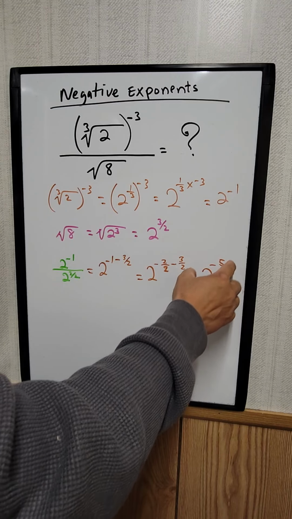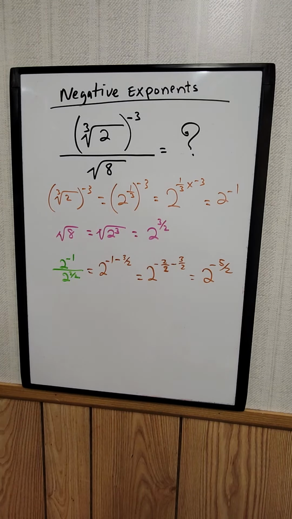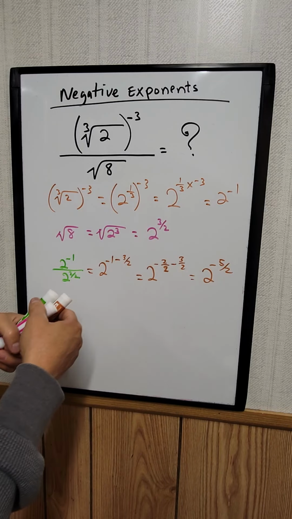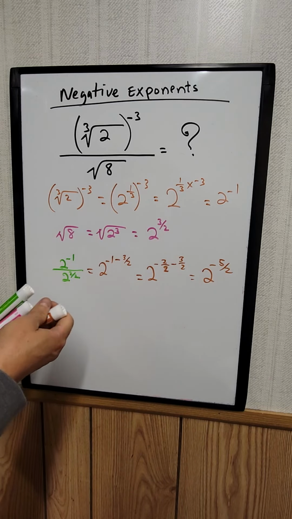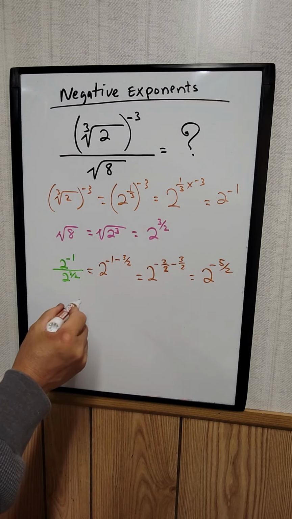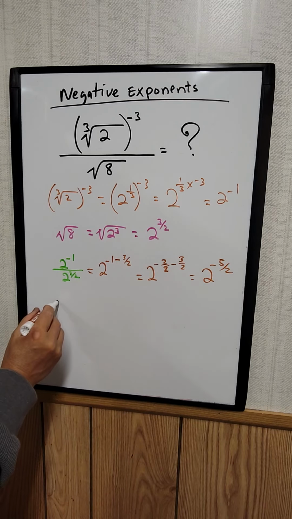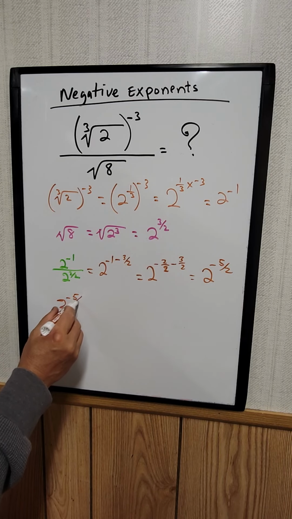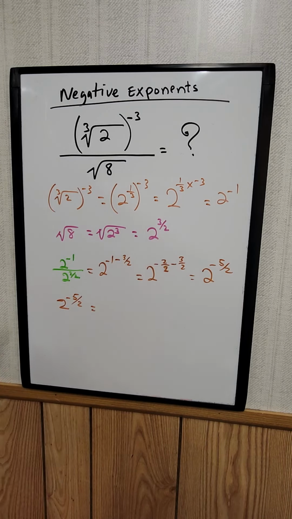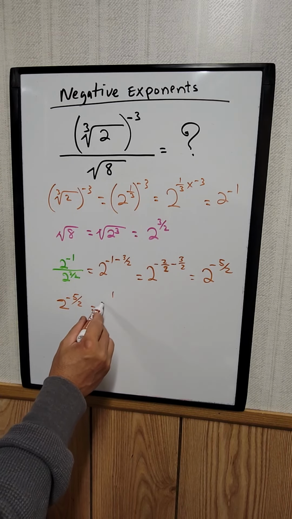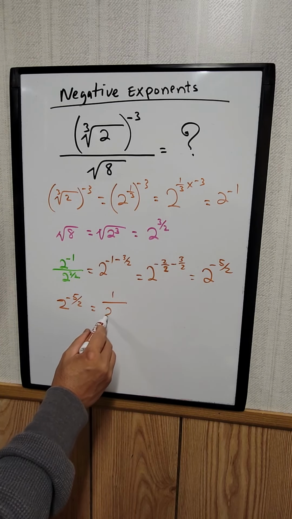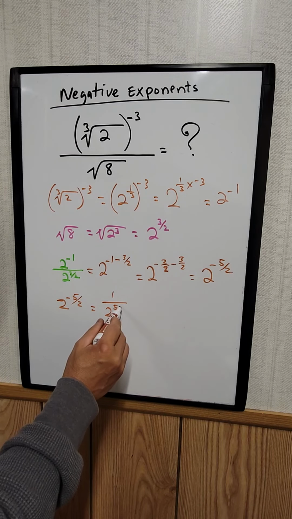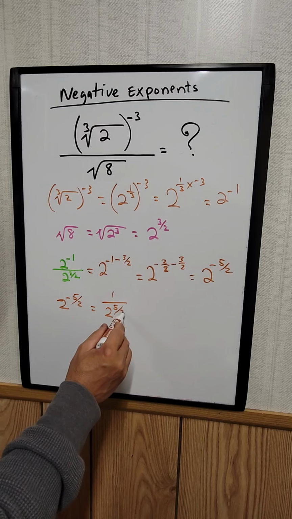Now we cannot leave it in this form, so we need to convert it to a different form. 2 raised to the negative 5 over 2, we can rewrite that as 1 over 2 raised to the 5 over 2, not negative.